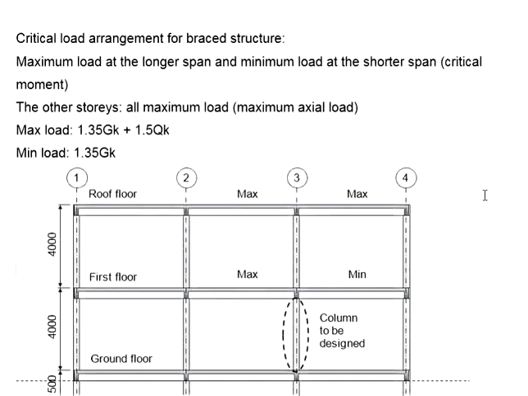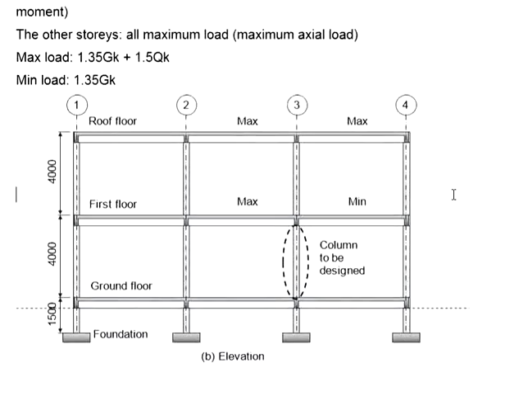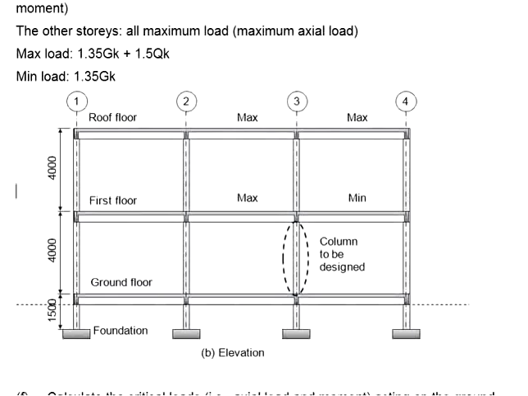Now, in order to get the maximum moment, that means you're going to play around with maximum and minimum load. Either you have maximum here and minimum on the other side, or you have maximum and minimum in a reverse manner. Now, how do you know which side should be maximum and which side should be minimum? We will look at the beam span. You will use the longer span with the maximum load, whereas the shorter span with the minimum load.